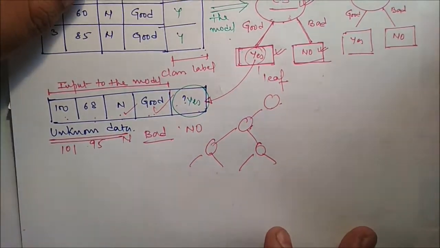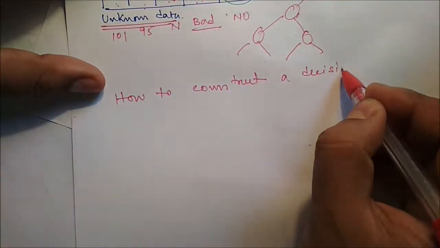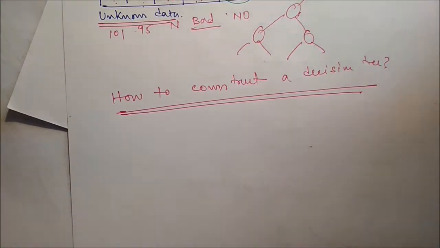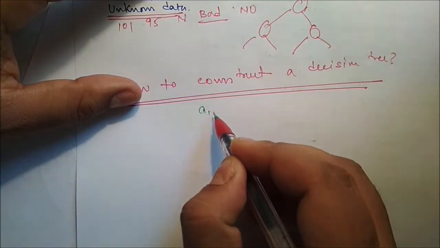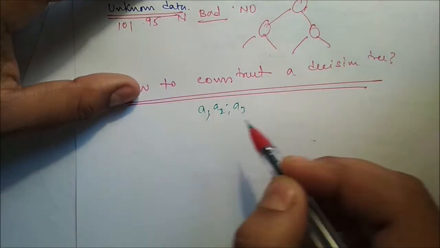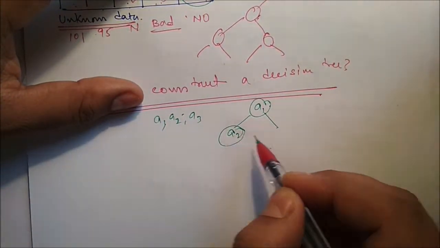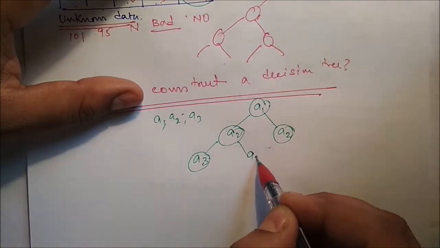Next, how to construct a decision tree. In principle, there are exponentially many decision trees that can be constructed from a given set of attributes. Say we have attributes A1, A2, A3. Starting with A1, we can compare A2, then A3.